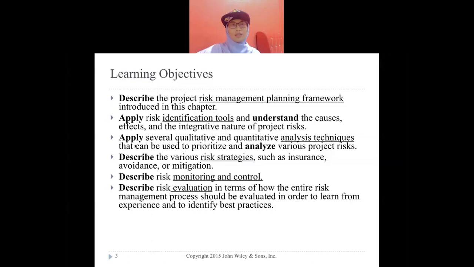Okay, and then can apply several qualitative or quantitative or both analysis techniques and can analyze it. So then you can describe the various risk strategies, such as insurance, avoidance, mitigations, and then describe risk monitoring and control, and finally describe risk evaluations.